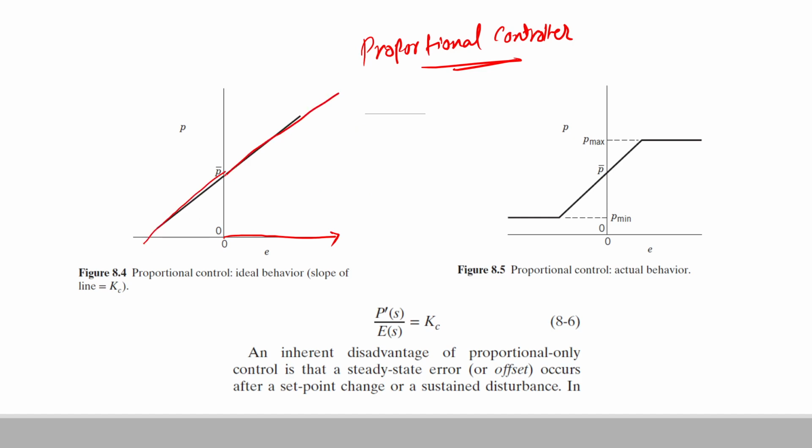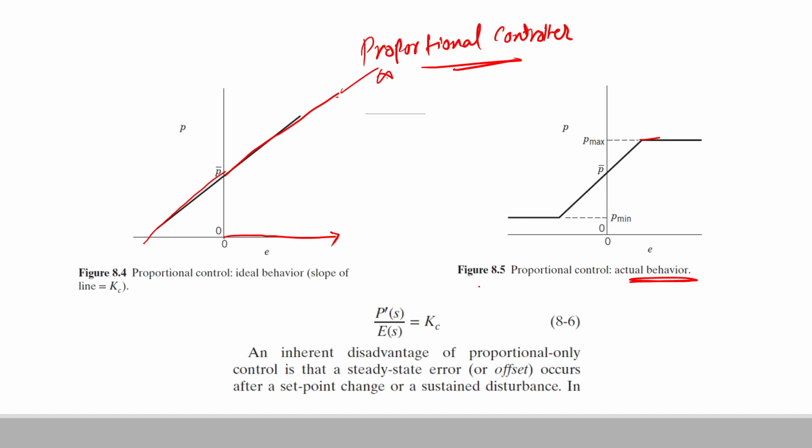But in a physical system, we can't keep on increasing the controller output to infinity. So we need to limit its value. We provide an upper limit and a lower limit to the control action generated, given by P max and P minimum. This is the actual behavior of the proportional control that is observed in physical systems.